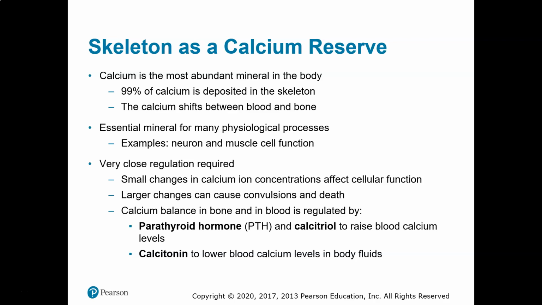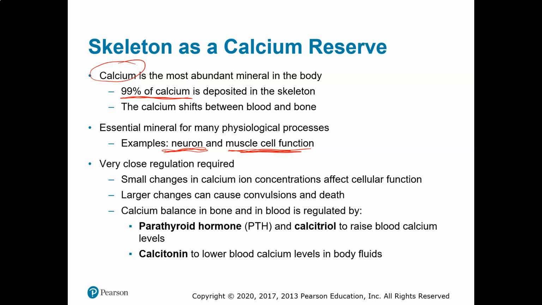Now, I already talked about this, so on to the role of calcium. Our levels of calcium in our blood are really important. They are important for nerve impulses and for muscle cell contractions. We need a certain level of calcium in our blood, but if it's too high or too low, it can lead to really serious problems. 99% of the calcium in our body is deposited into the skeleton and used to make bone tissue.